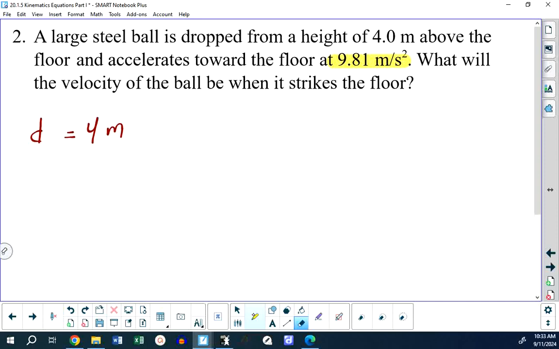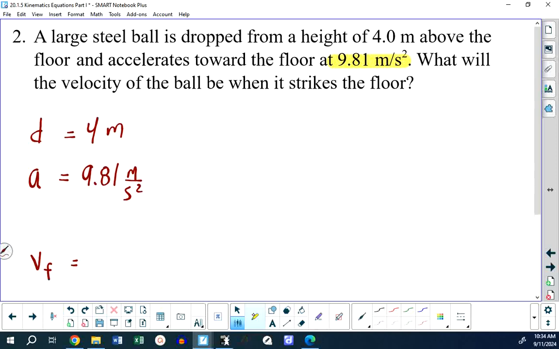The acceleration is 9.81 meters per second squared. We're trying to find VF. We're trying to find the final speed, and then we can say as an answer, the final velocity is that number downward.